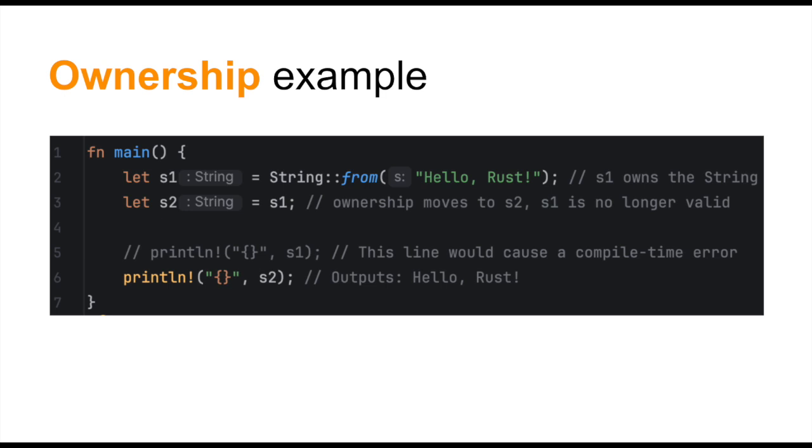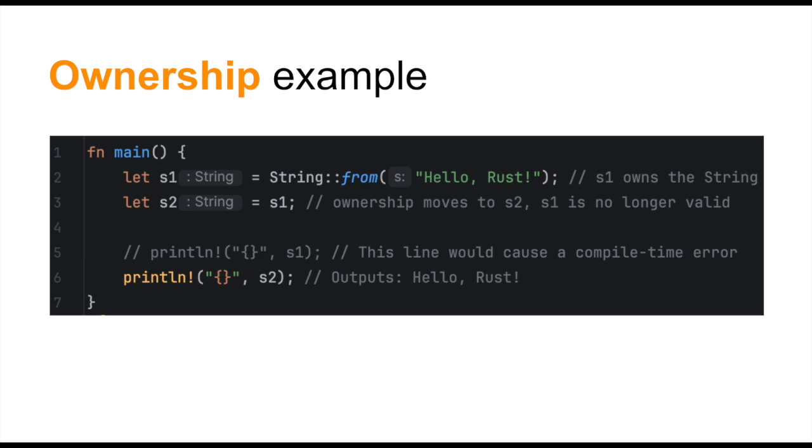So there is no more s1. There is only s2, which is the owner of the content that was previously assigned to s1. So in lines 5 and 6, if you try to use s1, you see that this line would cause a compile-time error because s1 no longer exists, right?